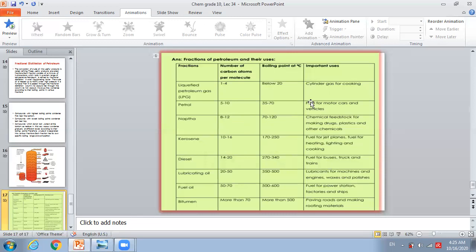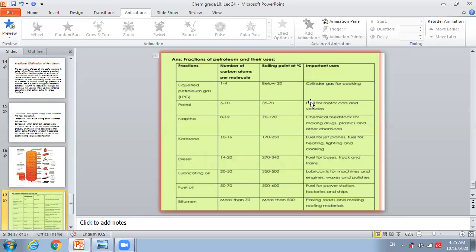So I told you that LPG is used for cooking, petrol is used as a fuel for motor cars and vehicles, naphtha is used for making chemicals, drugs, plastic and some other chemicals. Kerosene is used as a fuel for jet planes, and for heating, lighting, and cooking.